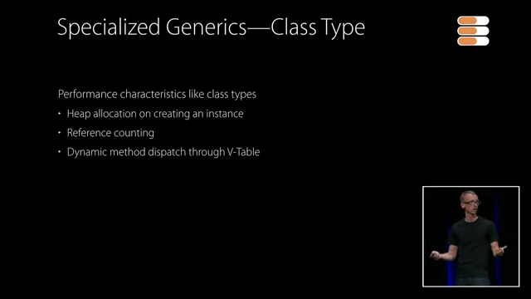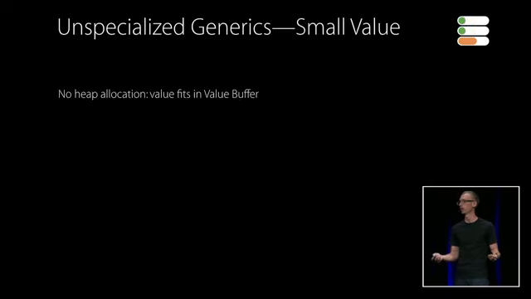Comparing this with class types, if we use class types, we get similar characteristics to classes, so heap allocation on creating the instance, reference counting for passing the value around, and dynamic dispatch through the vtable. Now let's look at unspecialized generic code containing small values.